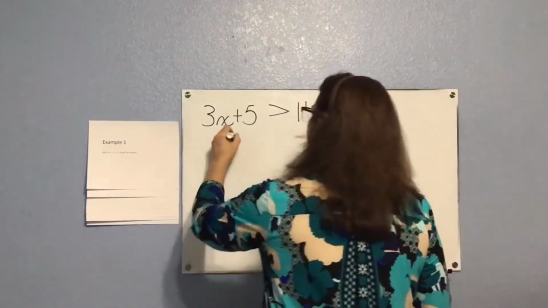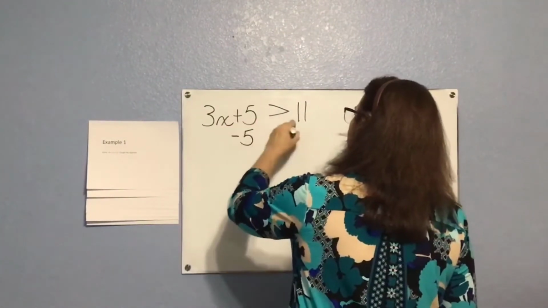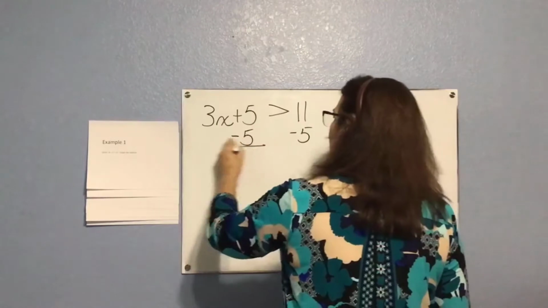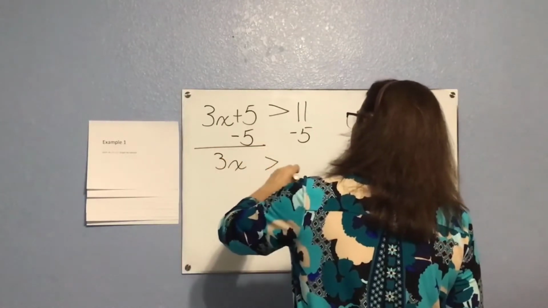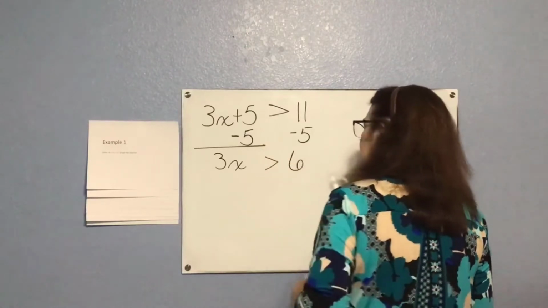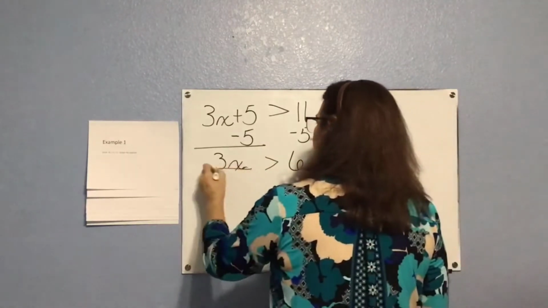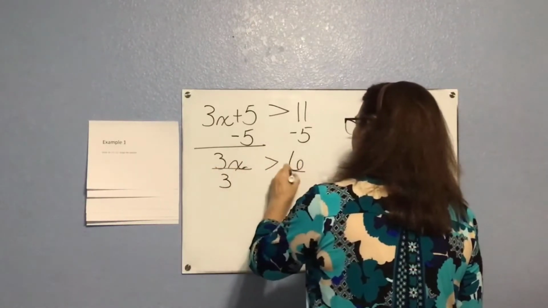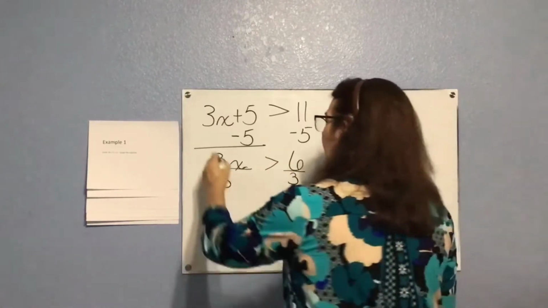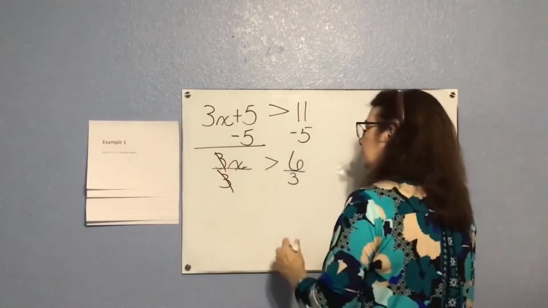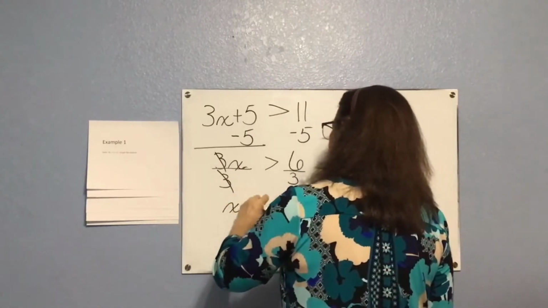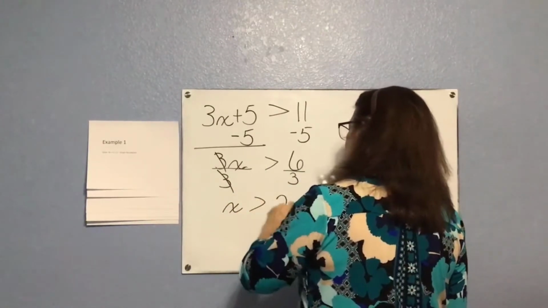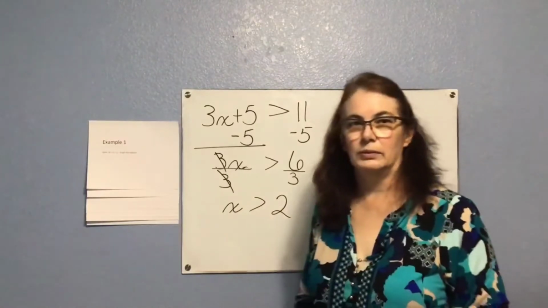So I'm going to start by subtracting 5, which gives me 3x greater than 6. Then I divide by 3. And since I'm not dividing by a negative number, I do not have to adjust this inequality symbol. So I get x is greater than 2.